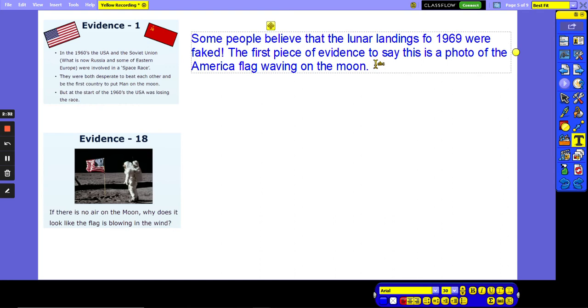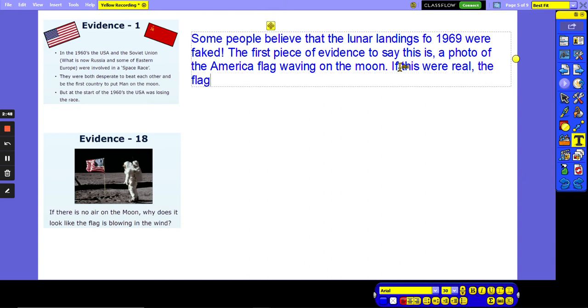So the first piece of evidence to say this is, and I take a pause there, a photo of the American flag waving on the moon. If this were real, the flag would not be waving, as there is no air on the moon. And look, I've just used the words that are on the card to help me.